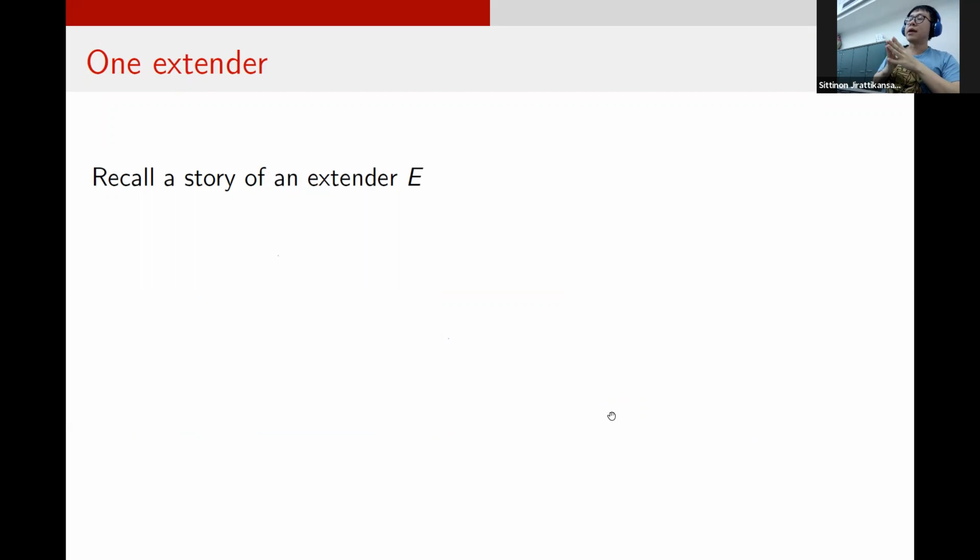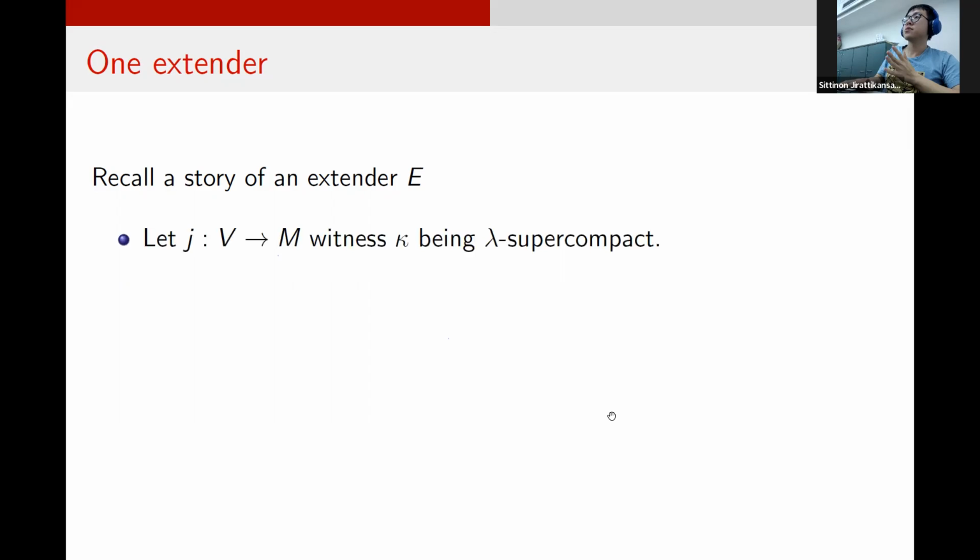Okay. Now, before I jump into the forcing, I want to analyze what is the useful measure one set that I want to save in order to define the forcing. So let me start off with just one extender. Suppose I have only one extender E. I have J from V to M, witnessing kappa being lambda supercompact.